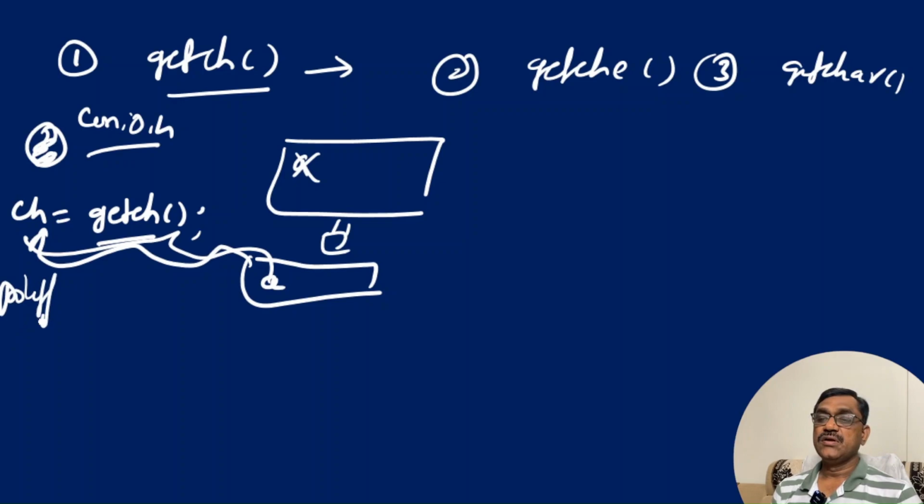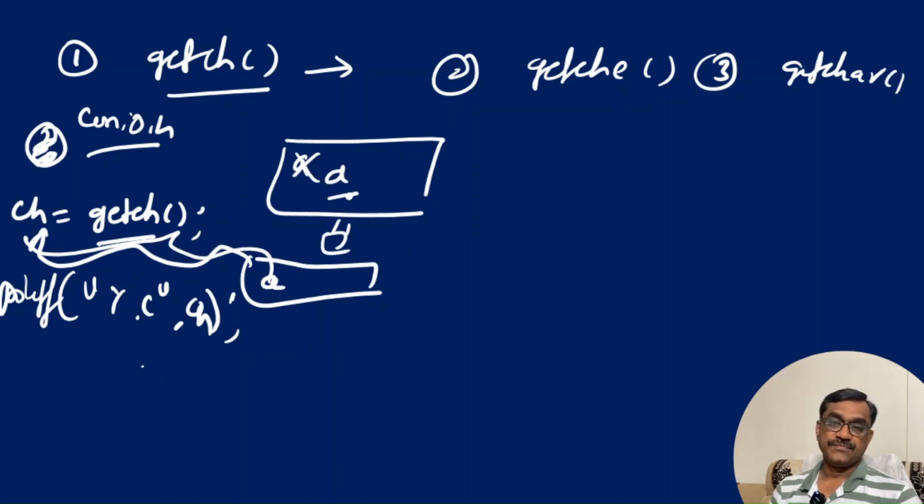And if you printf, for example, %c and ch, it is going to display the character A. The output we get is A. So getch reads a character without pressing the enter key. Generally, whenever you press a character A, that is displayed on the screen, and only once you press enter does it enter into the program. But this is not the case here. Whenever you press a character A, automatically it is read into the variable ch without displaying on the screen and without pressing any enter key. That is very, very important.